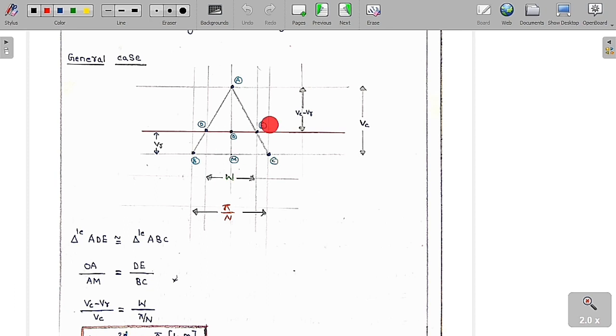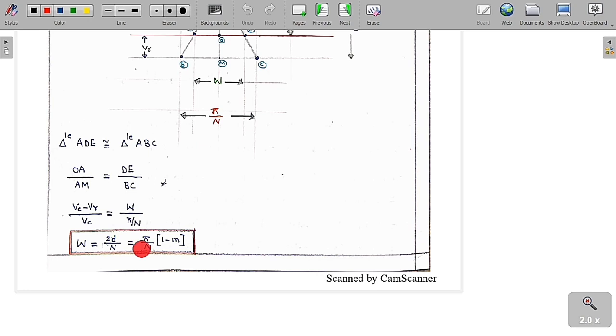Now these two triangles are similar, so we can take this ratio: this one by this one, this one by this one. So OA is equal to VC minus VR, whereas AM is VC, whereas DE is called W, and BC is pi by N.